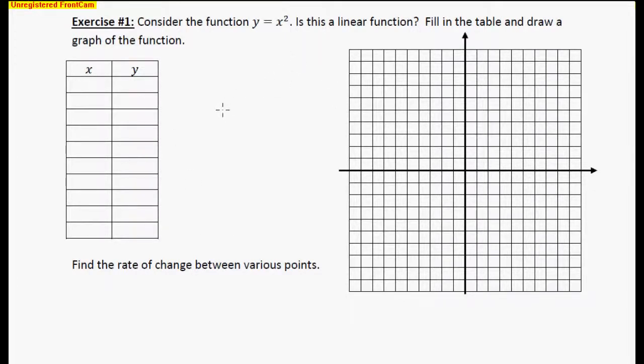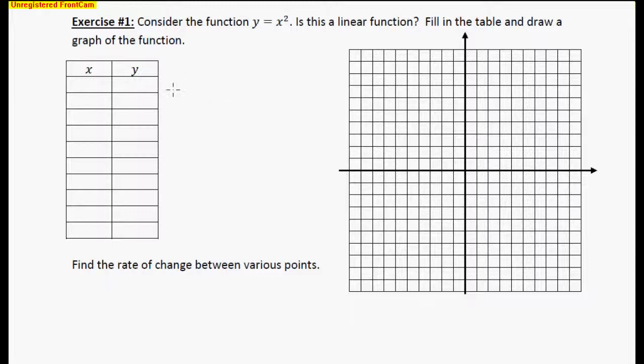Now, I am not going to put all the math down for all of these points. You can do that on your calculator or on a piece of paper. I don't want to take 30, 35 minutes on this video writing down all of the math, because it really is the same thing over and over.